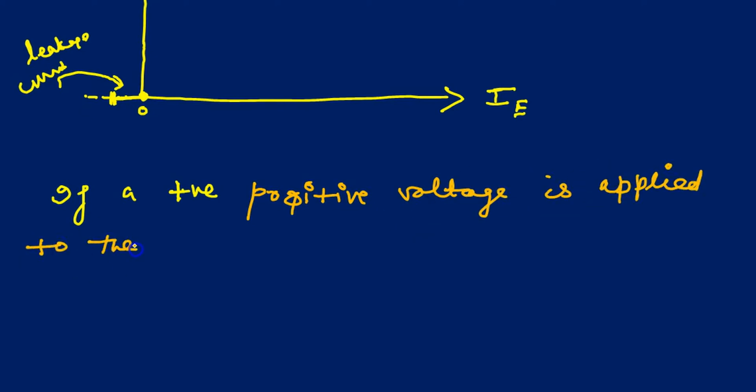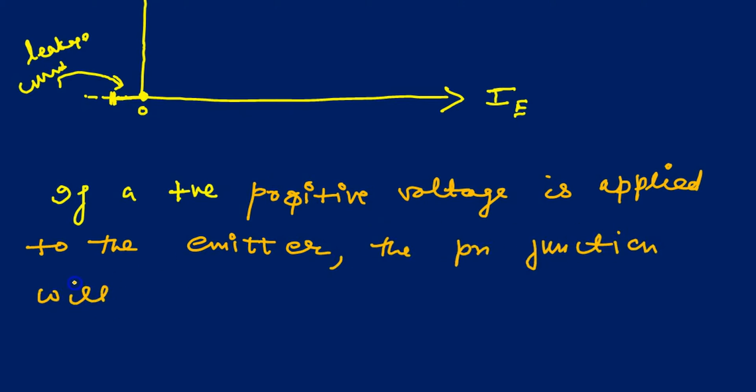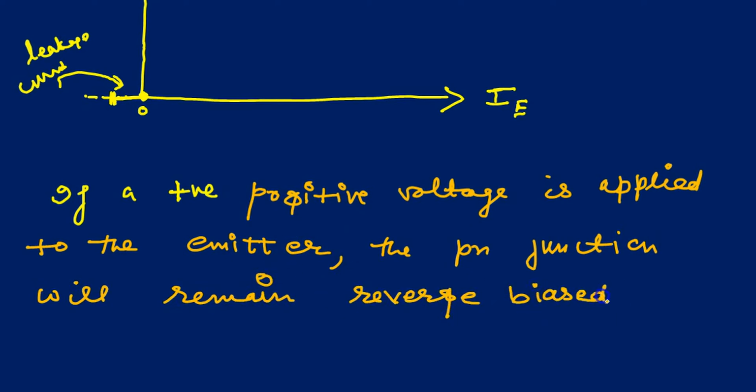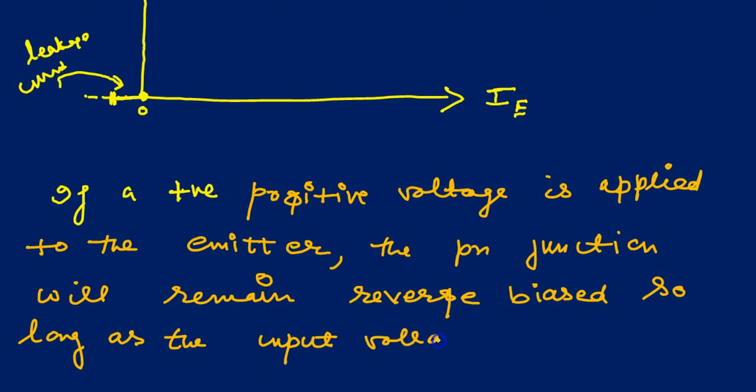Now if we give a positive voltage to the emitter, the PN junction will remain reverse biased so long as the emitter voltage is less than the reverse biasing voltage V1.